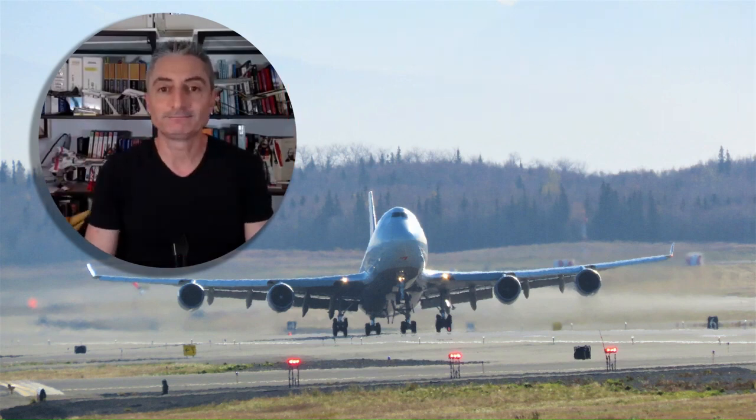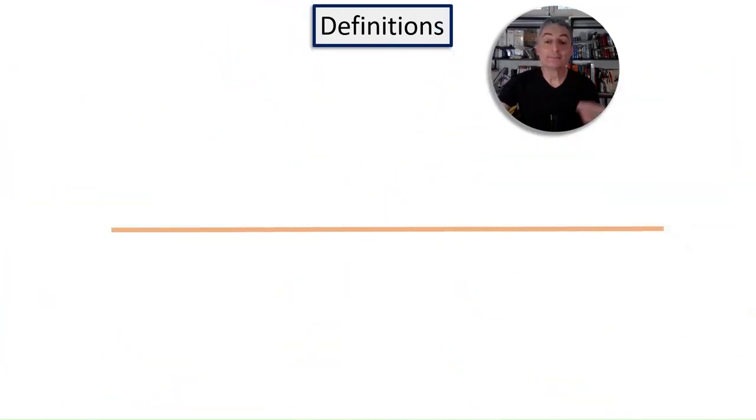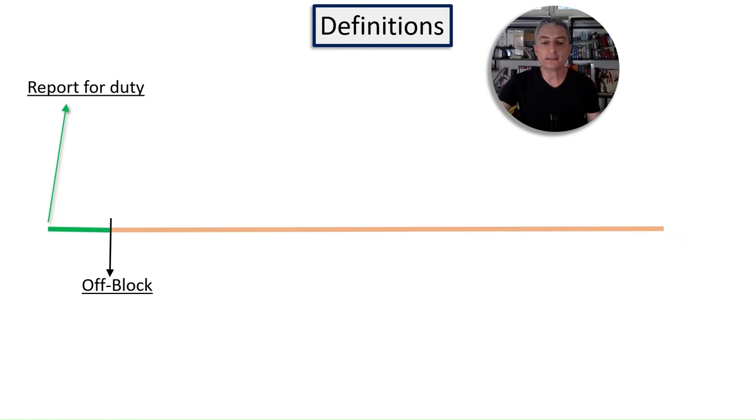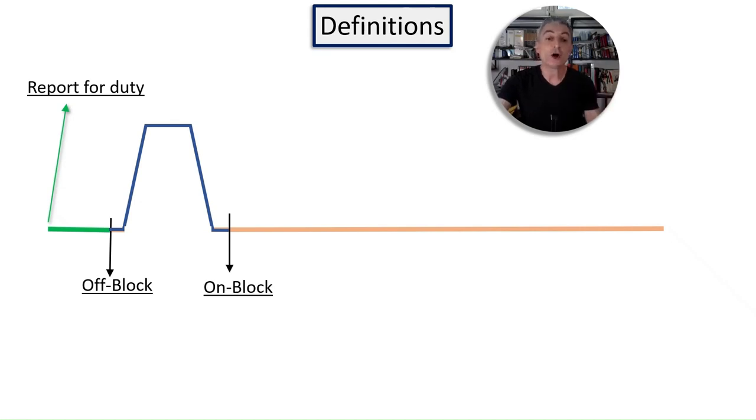Let's start with some basic definitions about a normal day at work. What do we do as a crew? Initially, we report for duty, at the briefing in the future or directly on board. And then, of course, we have a briefing, we prepare the aircraft, and we start the real flight with the off block.